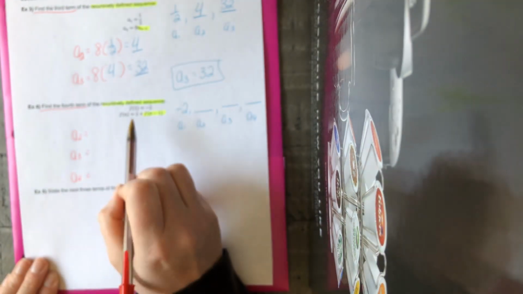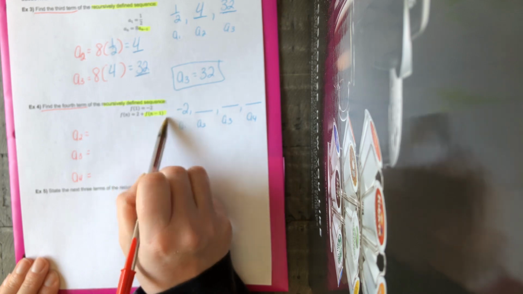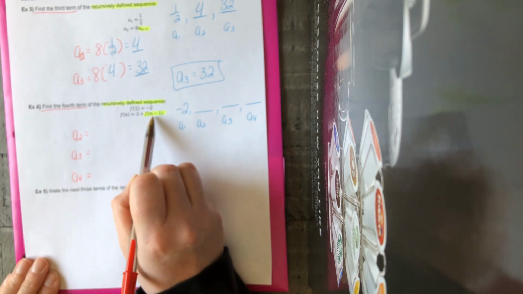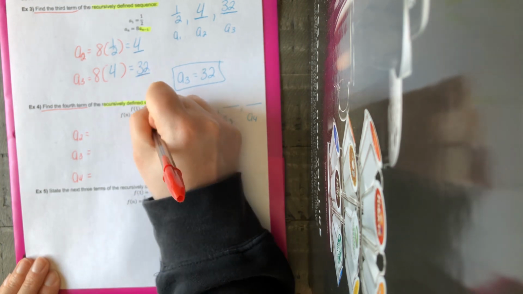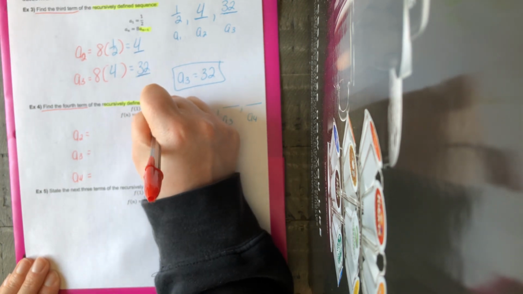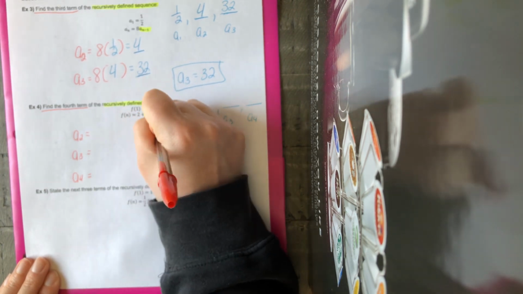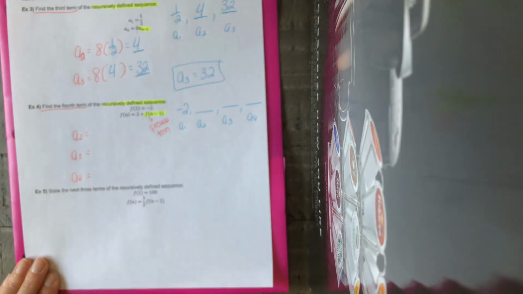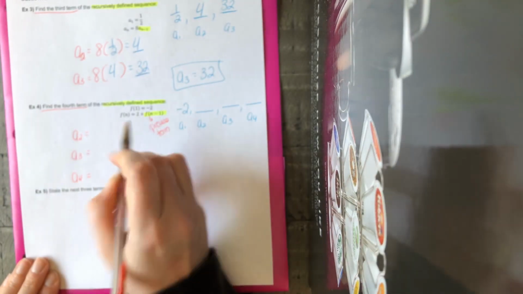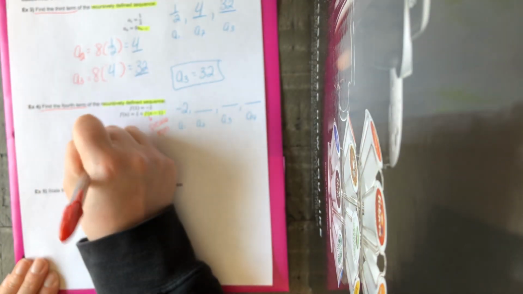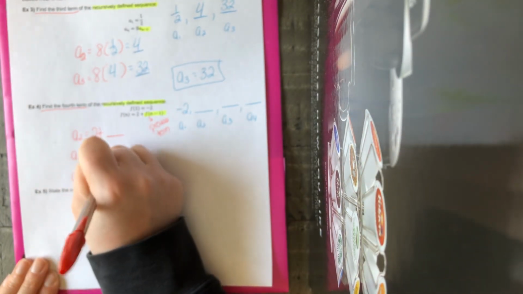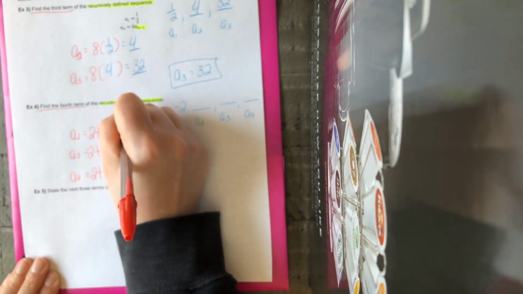And in order to do that, I have to follow this formula, which is 2 plus my last answer. Let me fill that in just as a refresher. Your previous term, or it's your previous answer. So it's 2 plus my last answer.